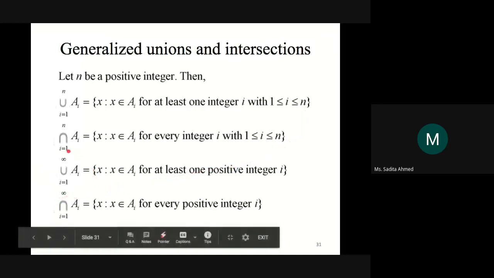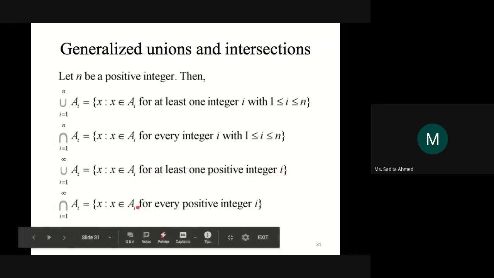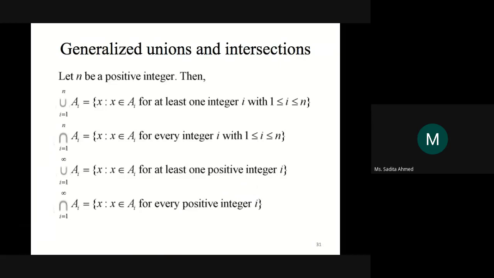However, 1 to infinity means all positive integers, right? So here, x present in AI for at least one positive integer I. X present in AI for every positive integer I. All right. So any questions regarding these definitions of unions and intersections?